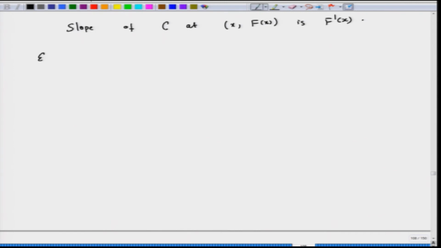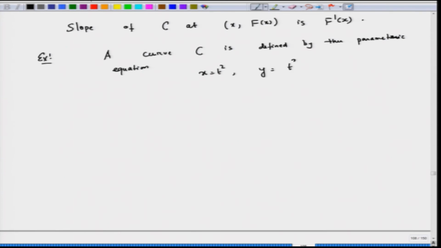Now, for example, a curve C is defined by the parametric equation, with y equal to t cubed minus 3t. Now find the tangent at (3, 0).